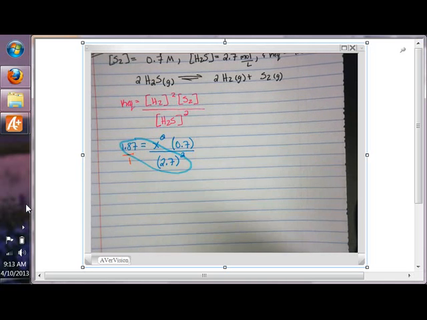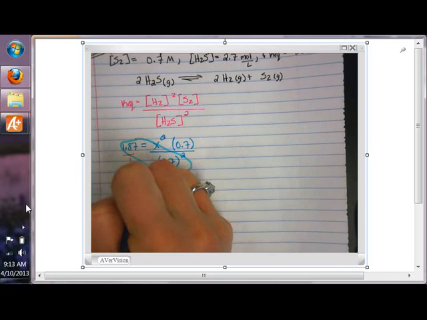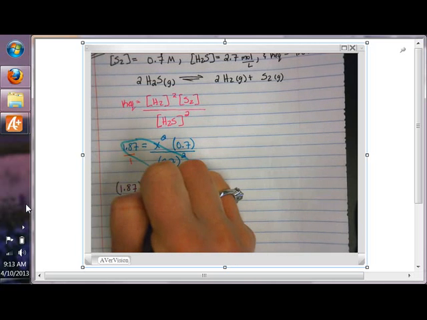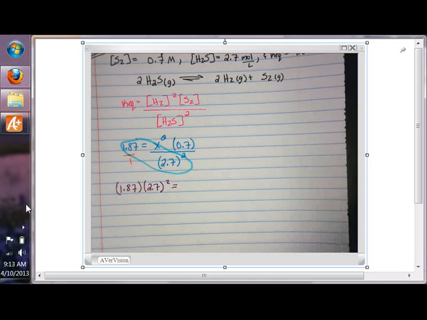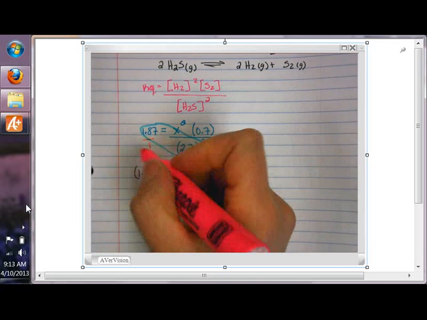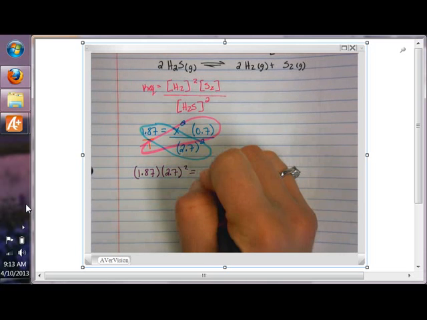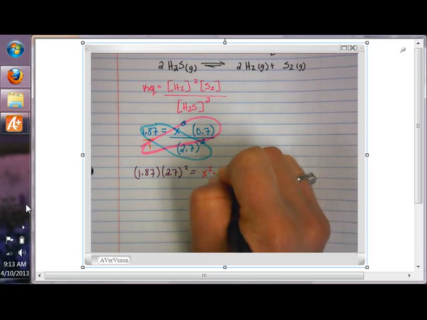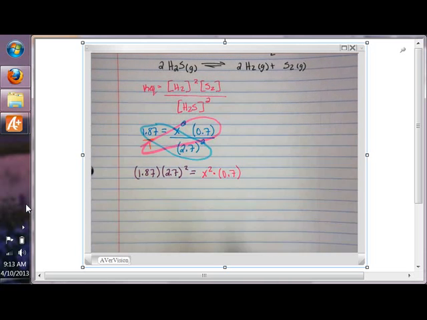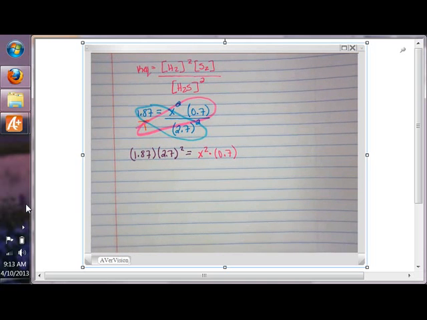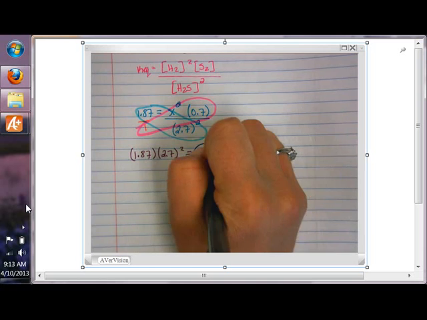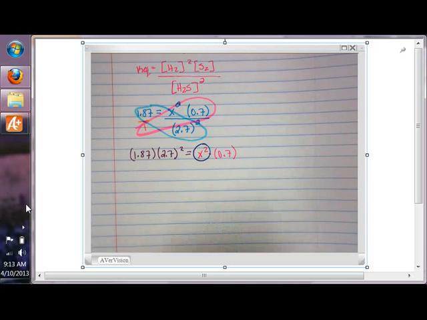And that's going to give me 1.87 times 2.7 squared equals, then I'm going to cross multiply the other two, and that's going to give me X squared times 0.7. Okay, so we're solving for X squared, solving for X, which is just H2.